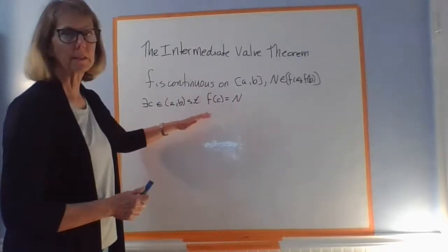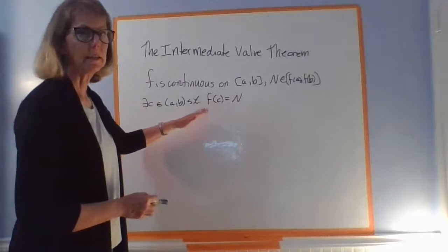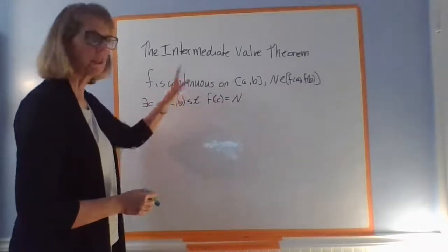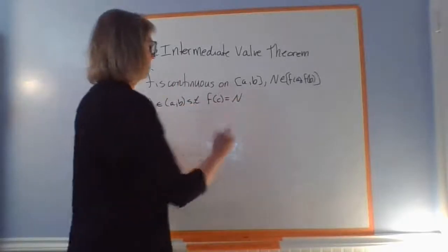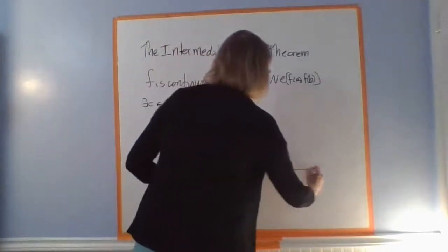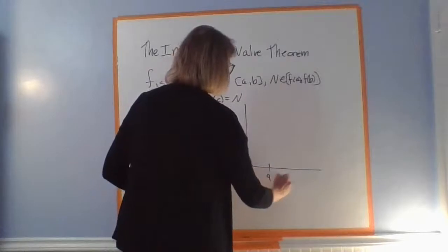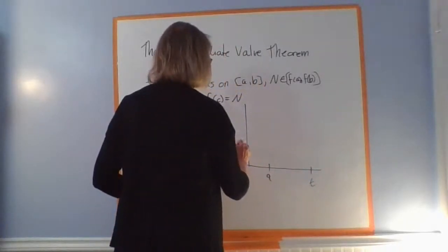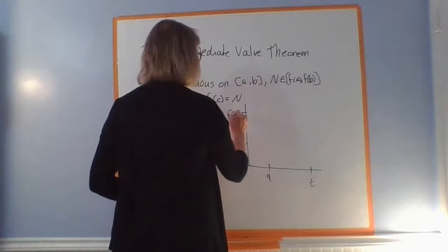Now, as so often is the case with mathematics, it's very helpful to have a picture of a graph to see what these symbols mean. So, without loss of generality, I'll call this a, this b. Let's call this f of a and this f of b.